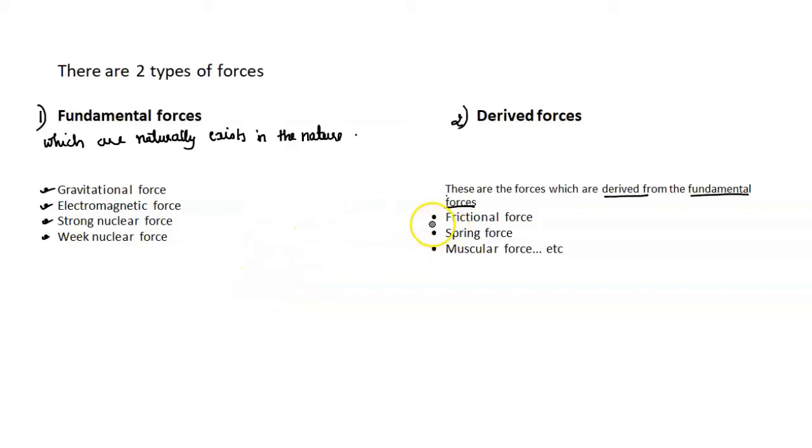Some examples are frictional force, spring force and muscular force, etc. In this chapter, we are going to focus only on the forces that naturally exist, that is, fundamental forces. We are going to study in detail gravitational force, electromagnetic force, strong nuclear force and weak nuclear force one by one.